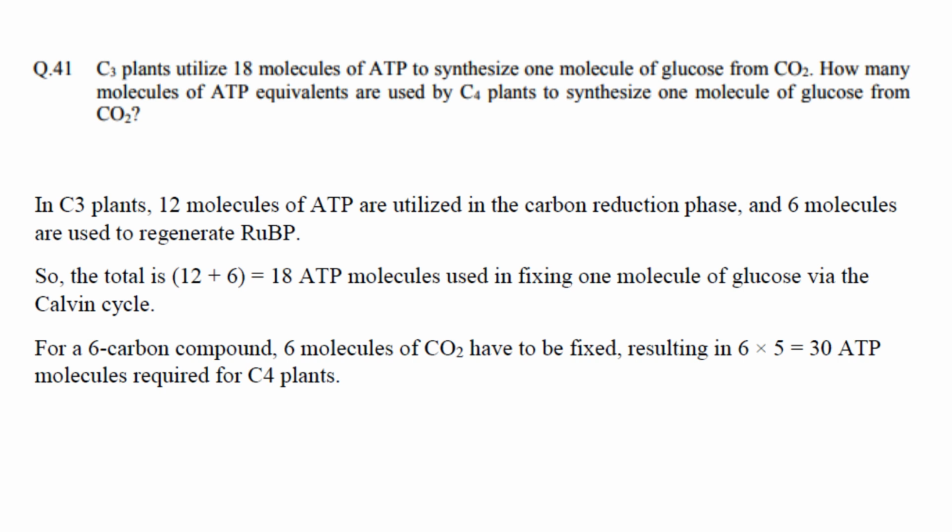For a 6 carbon compound, 6 molecules of CO2 have to be fixed, resulting in 6 into 5, that is 30 ATP molecules required for C4 plants. Therefore, the comparison shows that the C3 pathway requires 18 ATP molecules while the C4 pathway needs 30 ATP molecules. Hence, the C3 pathway is more efficient than the C4 pathway.